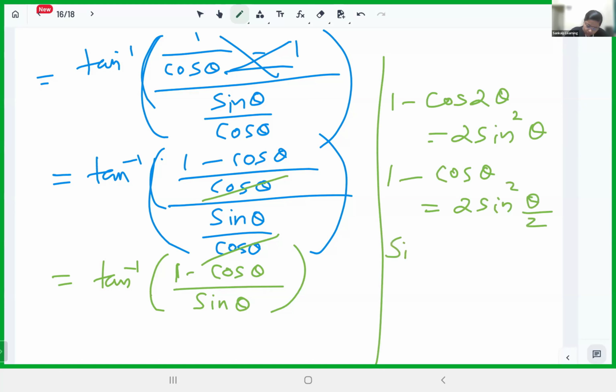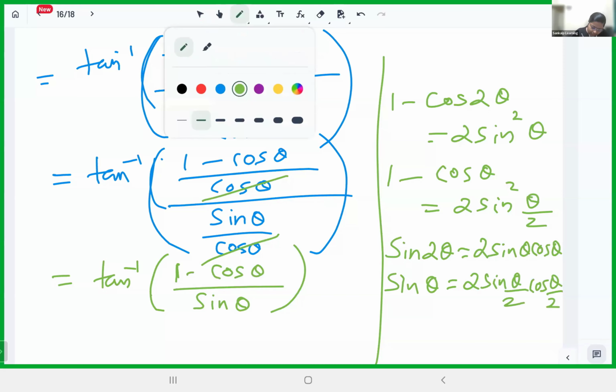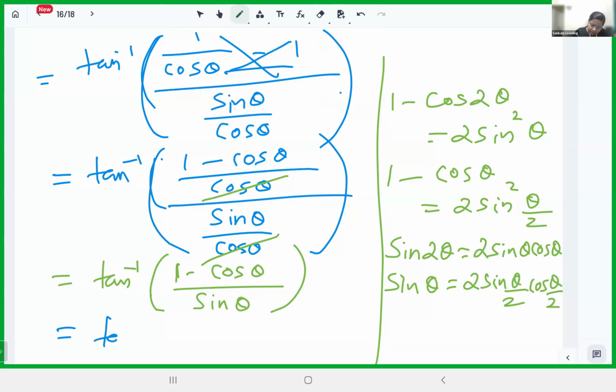Sine 2 theta can be written as 2 sine theta cos theta, so sine theta is 2 sine theta by 2 cos theta by 2. Now we are going to apply these identities in the equation. So this will become tan inverse of 2 sine square theta by 2 divided by 2 sine theta by 2 cos theta by 2.